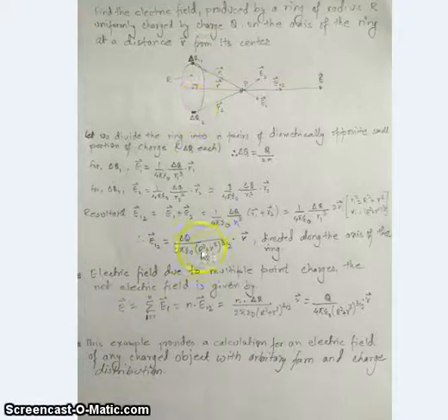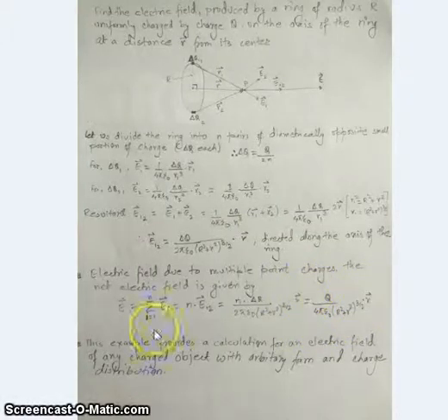So no matter how many pairs you have, the resultant E by this whole ring would be the sum of the electric fields by those points. If you have n pairs, it is n times the resultant of these two points right here. So by simple algebra you get this expression.